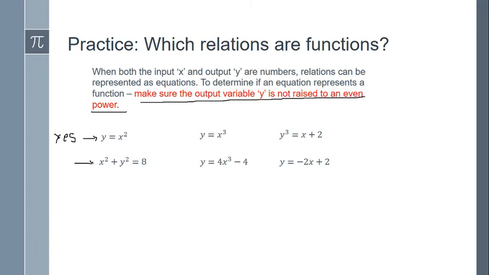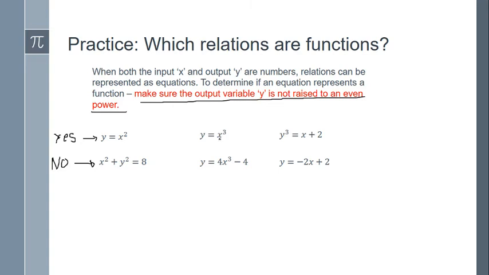Look at this one here. Notice that the y variable is being raised to the second power, which is an even power. So this is no. In fact, this equation right here is the graph of a circle, the circle that we had on the previous page. How about y equals x cubed?